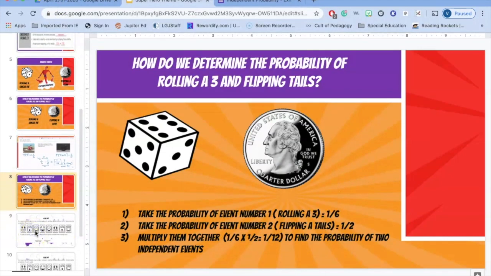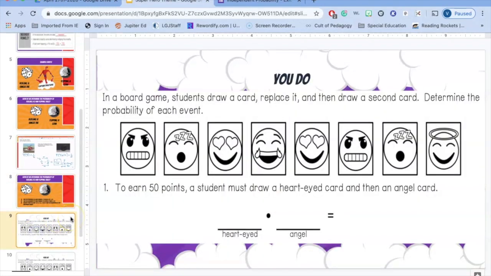Now, you try one. Let's look at this question together. In a board game, students draw a card and replace it, and then draw a second card. Determine the probability of each event. So, to earn 50 points, a student must draw a heart-shaped card, and then an angel card.